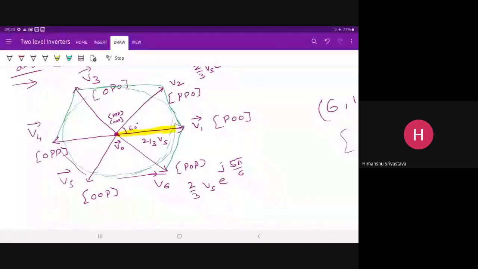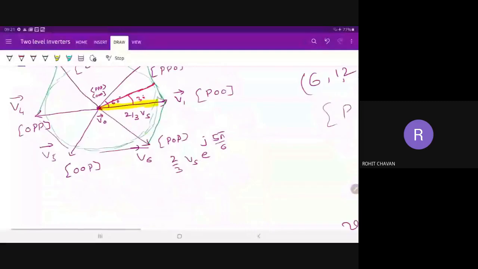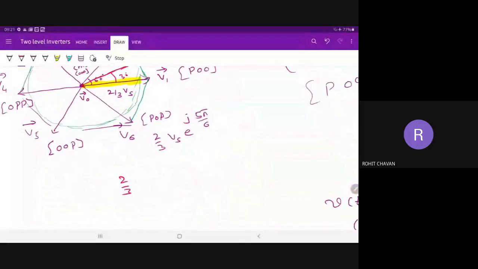At a 30-degree angle, sine 30 into 2/3 Vs. So here, this is touching here, right? Okay, clear. So we need to find out this one. This angle is 30 degrees, right? So this orthogonal component will lie here. So it is 2/3 Vs into sine 30 degrees, right?